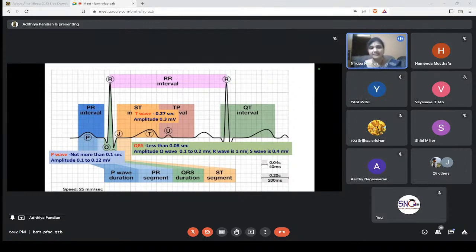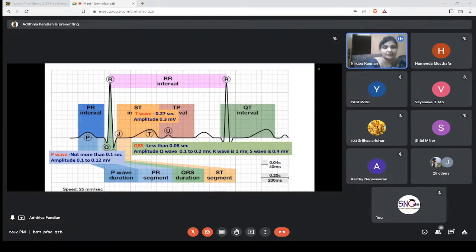It mustn't be more than one. If it is more than one, we call it atrial hypertrophy. When the atrium is hypertrophied, you get the height of the P wave as more. For QRS, the duration must be less than 0.08. If the duration of QRS is prolonged, what does this indicate? It can be some abnormality in the ventricular depolarization.